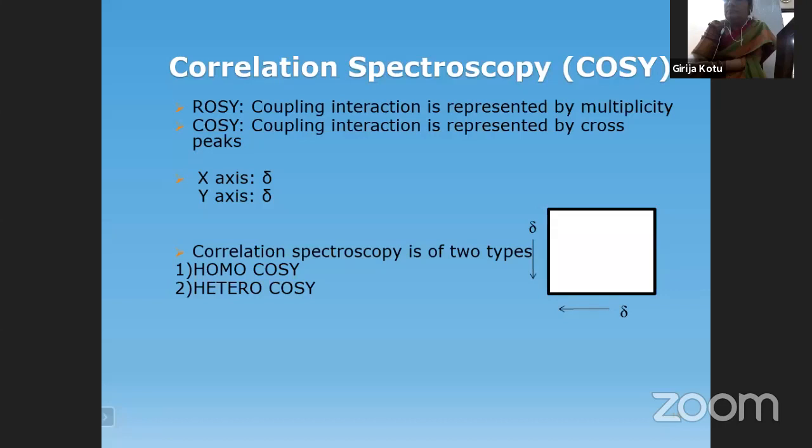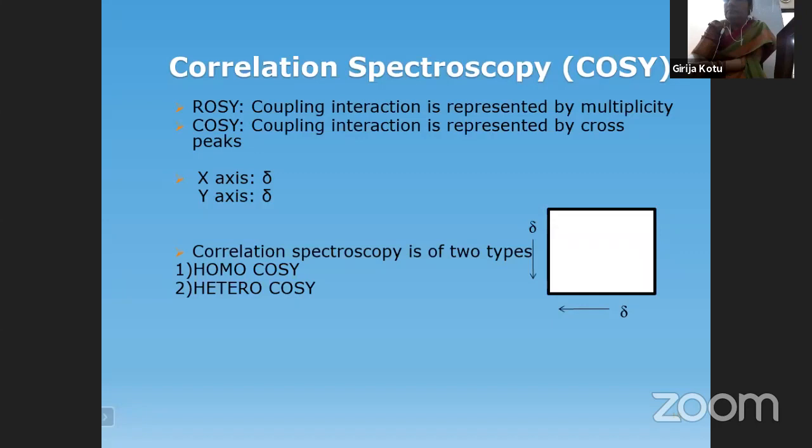If a particular proton is interacting with another proton, that interaction is reflected not in the form of multiplicity, as in J-resolved spectroscopy, but in the form of cross peaks. And hence it is a COSY spectrum, correlation spectroscopy.